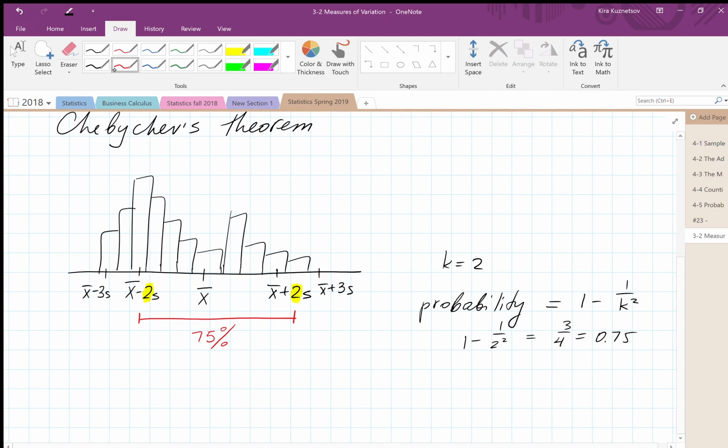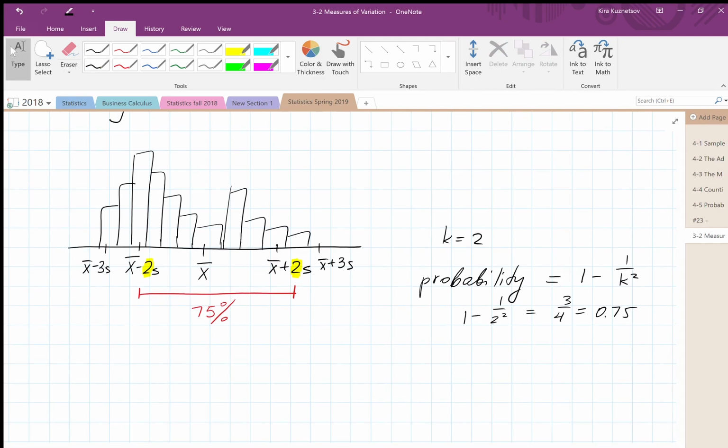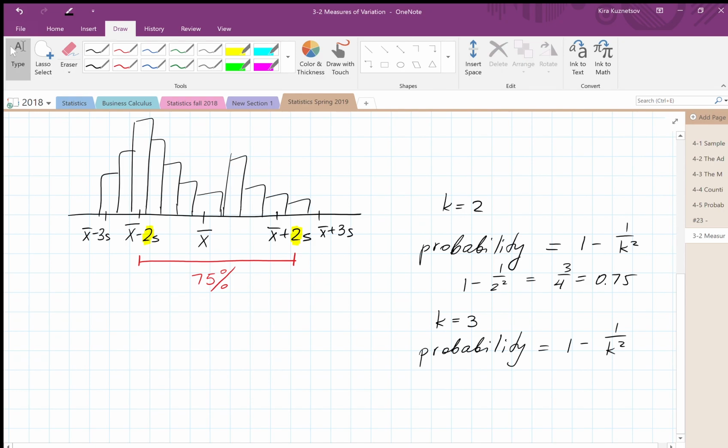Now, if I continue this and look at k equal to 3, according to my theorem, the probability has to be 1 minus 1 over k squared. In this case, it's 1 minus 1 over 3 squared, which is 1 minus 1 over 9.